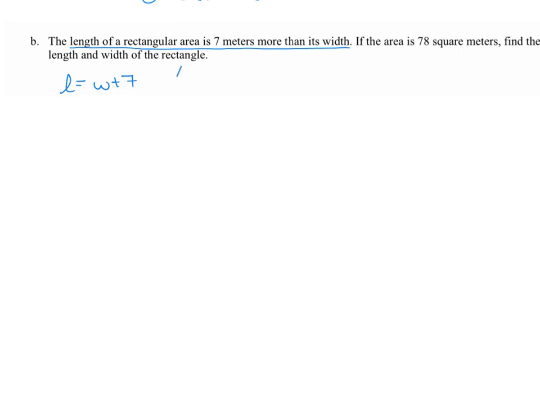All right, if we plug into our area formula, we get A equals 78. L is W plus 7 times W. I can distribute to clear my parentheses, and we get 78 equals W squared plus 7W.